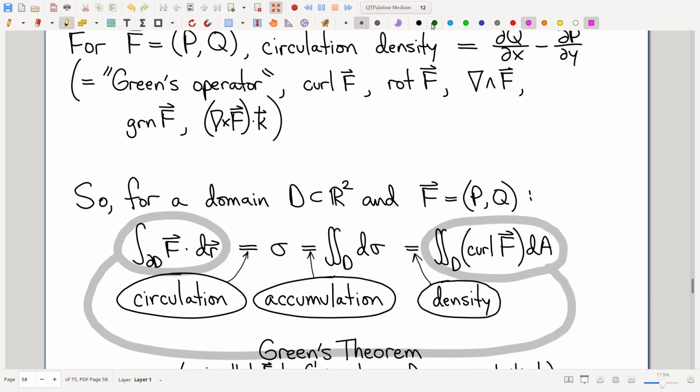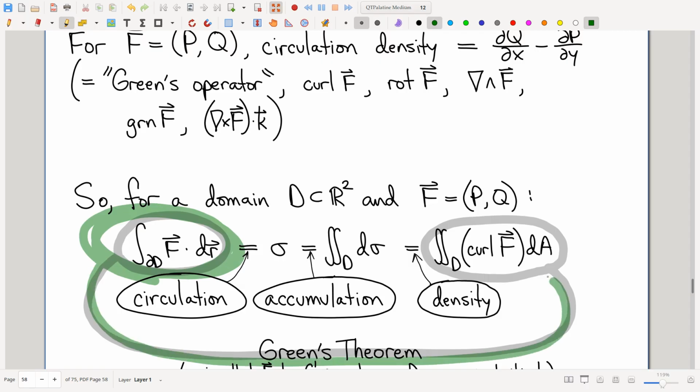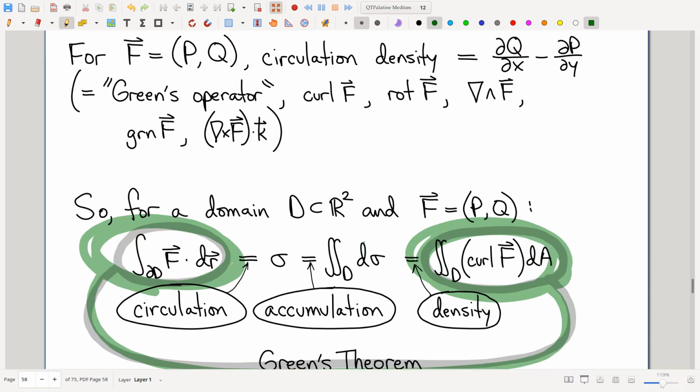Right here. Oh, hang on, I wanted the color switch. There we go. A boundary circulation can be computed as a double integral of curl. Now, I've skipped over some details there. In particular, I skipped over the business where I computed what the density is.